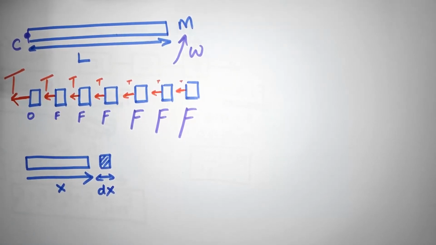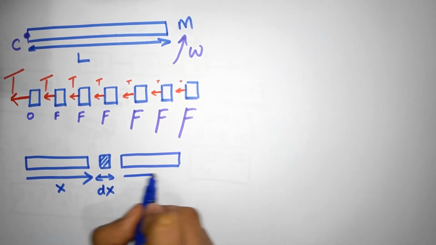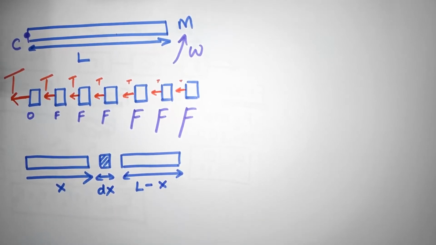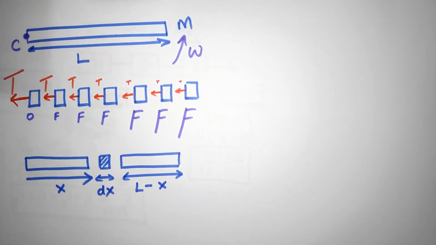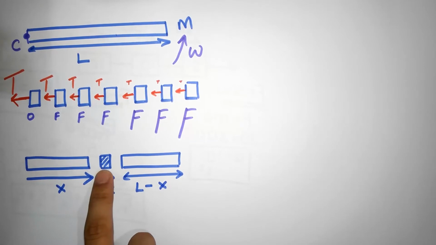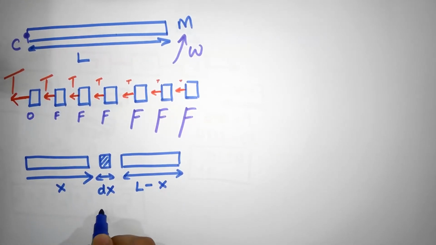That's dx, and the remaining chunk is over here, and that is L minus x. That's the remaining chunk. Okay, we need to calculate force at this point. So I'm interested in calculating net force on this guy. Okay, so let's isolate that guy over here.